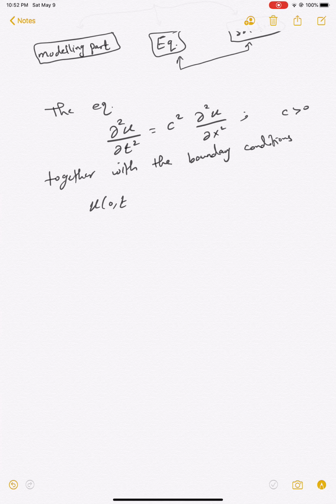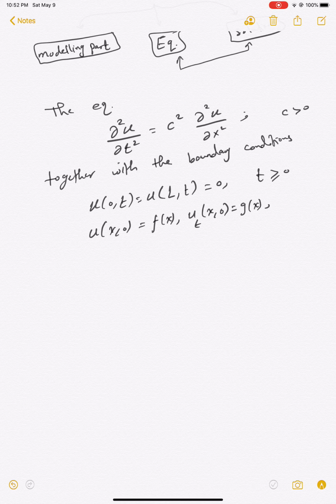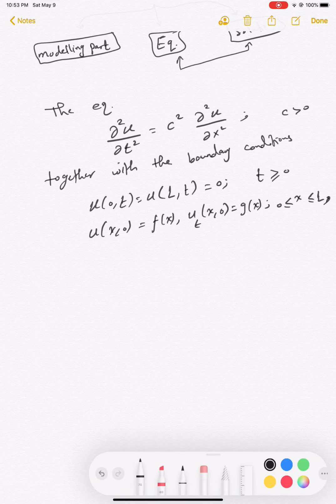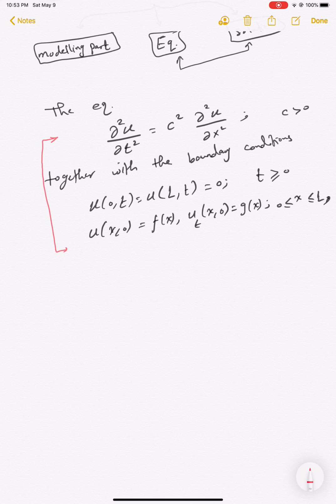So you have certain boundary conditions, and we will put some effort to understand the meaning of these boundary conditions. u(0,t) = u(L,t) = 0 when t is greater than or equal to 0. u(x,0) = f(x). u_t(x,0) = g(x) when x is between 0 and L. So if you look at the equation together with these conditions, all of them as one unit, I'm dealing with these as one unit.